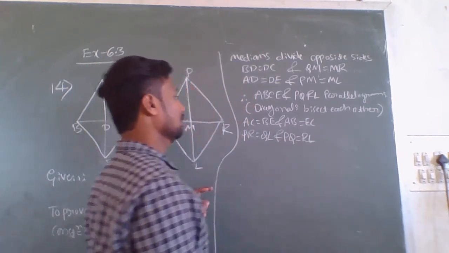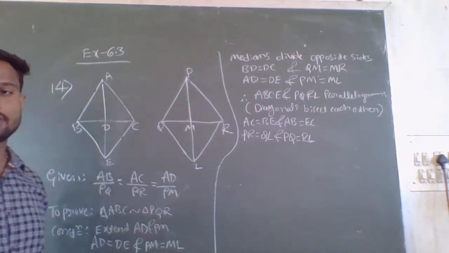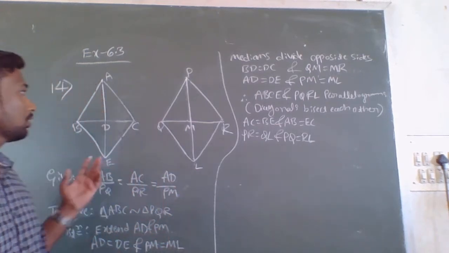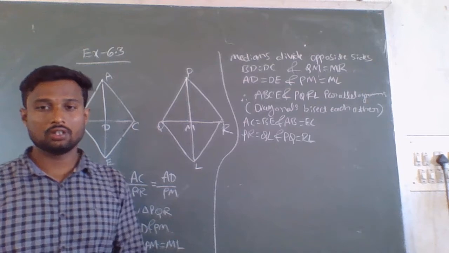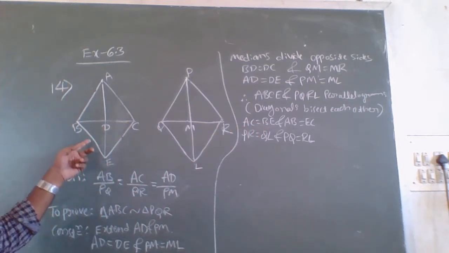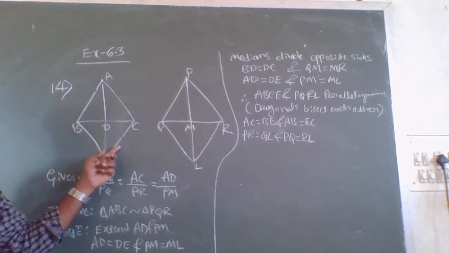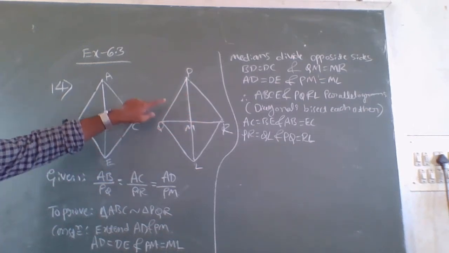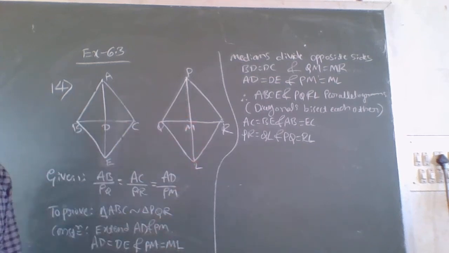So here these opposite sides are equal to each other, because we know the property of a parallelogram: opposite sides are equal to each other. Therefore, AC is equal to BE and AB is equal to EC here, and PR is equal to QL and PQ is equal to RL, because they are opposite sides of a parallelogram.